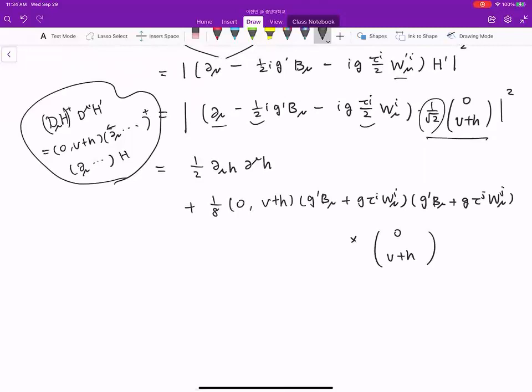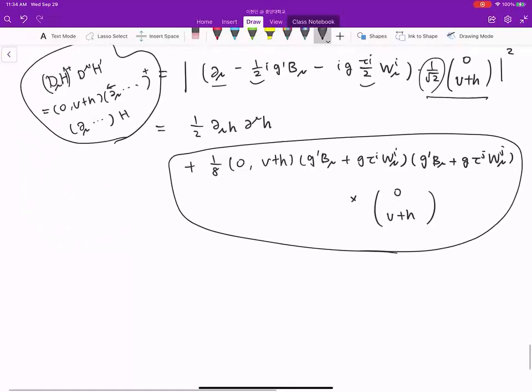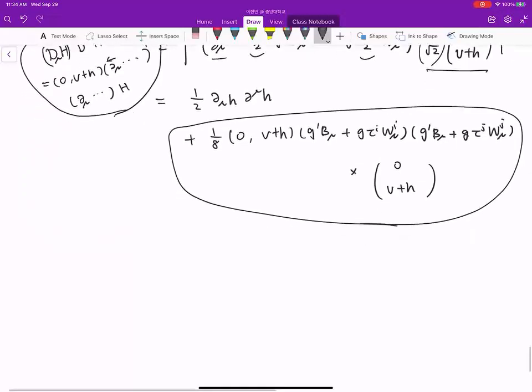And then the second term contains everything for the gauge bosons. So if you have one more Higgs doublet, you need to do a similar calculation. Then you will change the electroweak gauge boson masses if you have an extra scalar, an extra Higgs doublet.